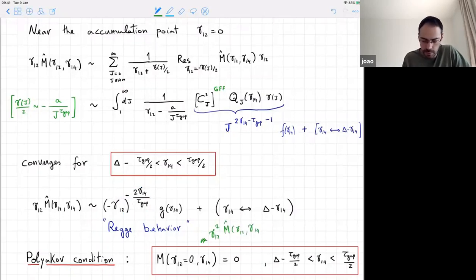So if this exponent is less than 1, I multiply by gamma 1 2, and it vanishes as I approach in any direction. So that's the final Polyakov condition: if I approach with gamma 1 4 fixed, I approach gamma 1 2 equals 0 from any direction except the real line, I will go to 0.